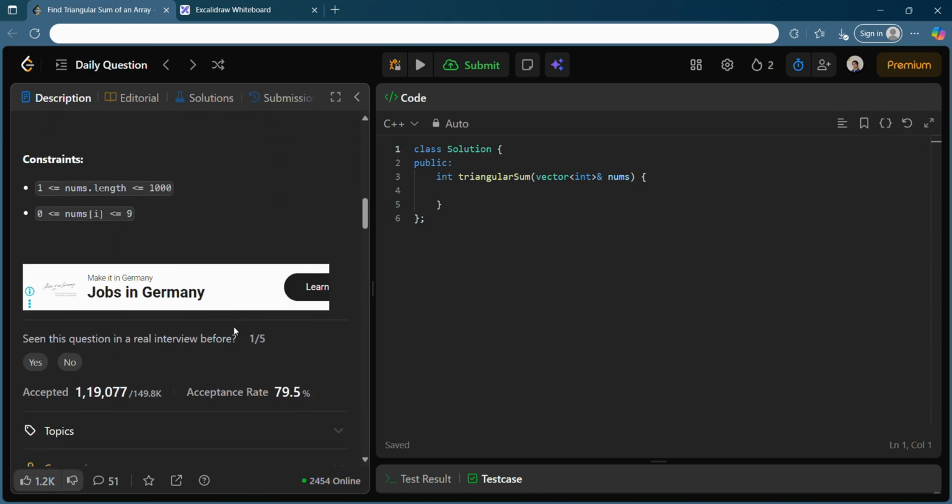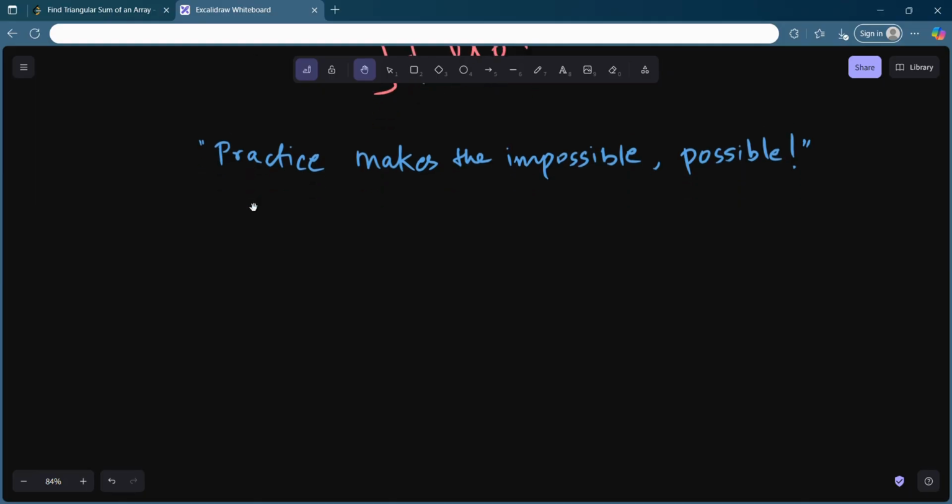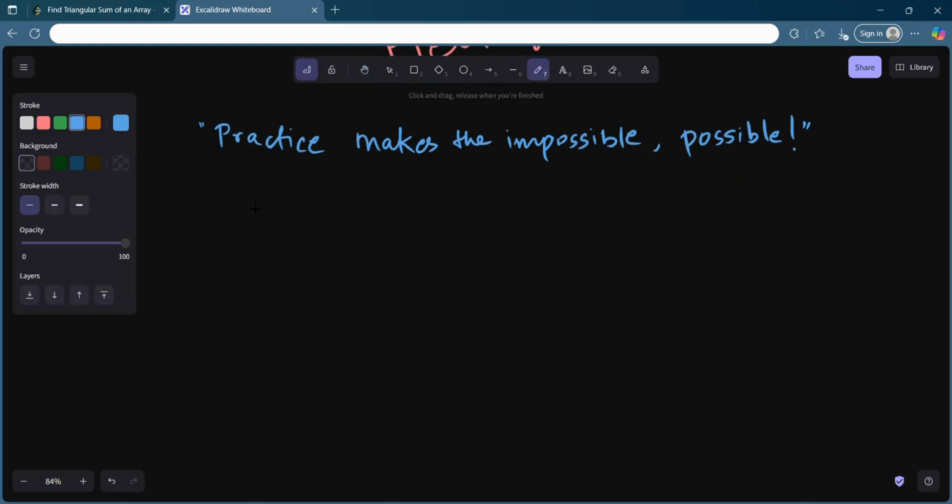You see, 1000 length is the limit, so you can easily perform a simulation. What do I mean by it? Let's say you are given this simple array 1 2 3 4 5.